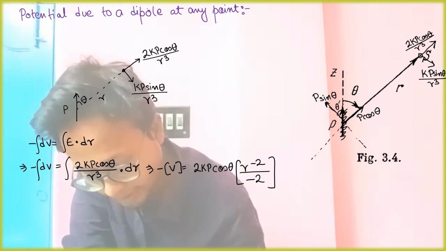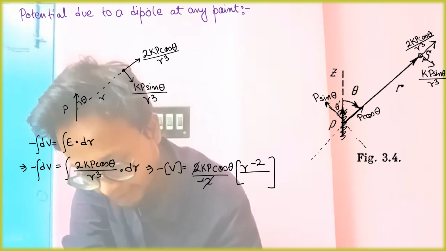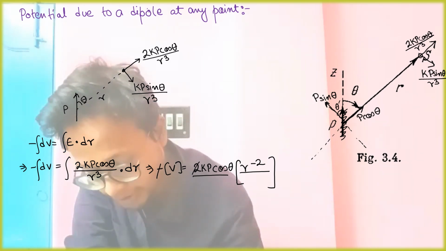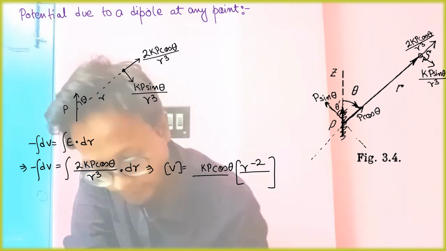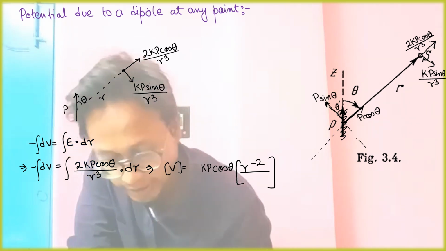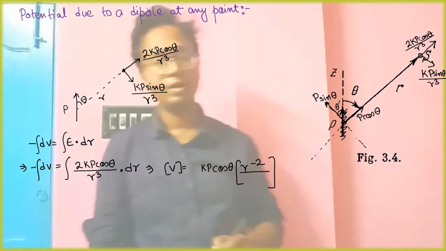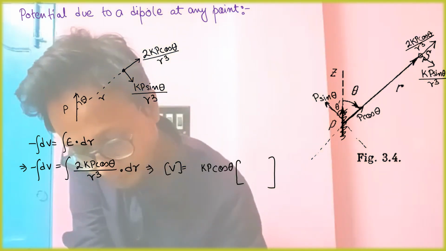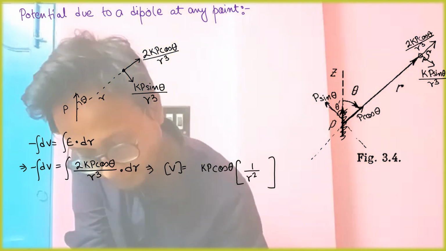Now can I bring this constant minus 2 outside? Of course. This 2 would get cancelled, and this minus would get cancelled. So the equation becomes potential equals kP cos theta times r to the power minus 2. Now r to the power minus 2 can be written as 1 by r square.